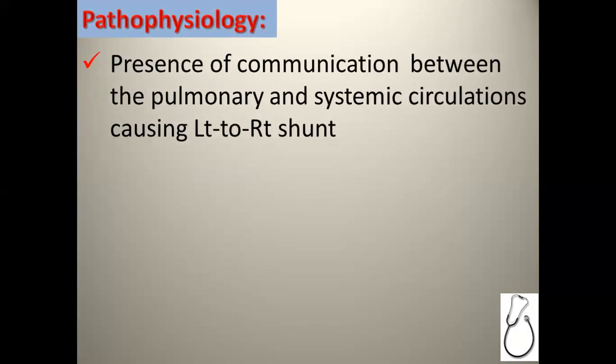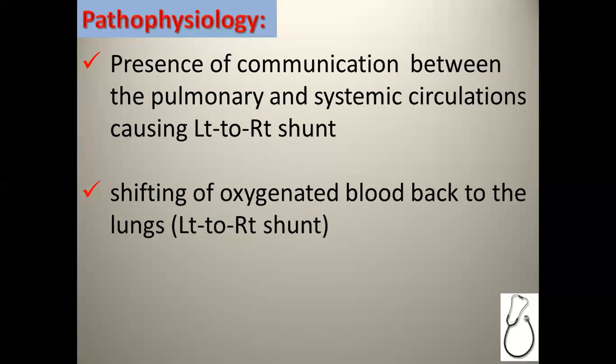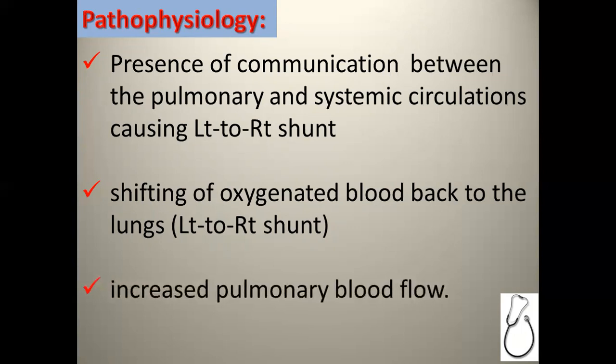In the pathophysiology of this group, there is a communication between the two circulations, I mean the pulmonary and systemic circulation, causing a left to right shunt. This shifts the oxygenated blood back to the lungs, which increases the pulmonary blood flow, resulting in increased cardiac output and manifestations.